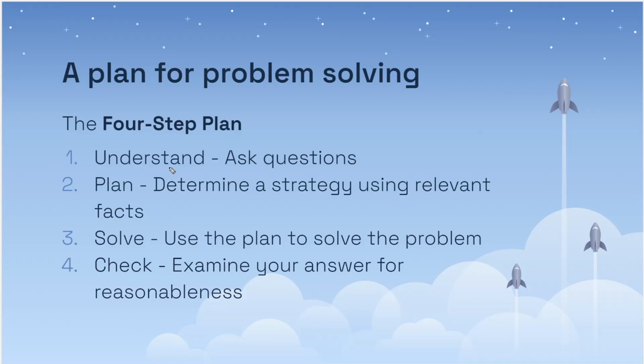So, step 1, understanding the problem, asking questions. When you look at the question, you need to understand what parts of the question you need to know. This might be things like facts, figures, which is another word for numbers.